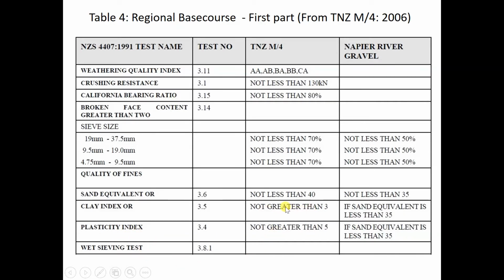So they have certain criteria. For example, sand equivalent not less than 40, crack index not greater than 3, plasticity index not greater than 5. This one is just from a certain source, because in the TNZ M4 they have different criteria for different sources.